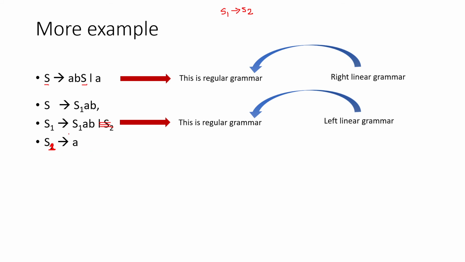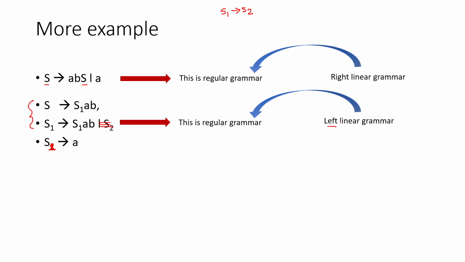And you see in these two, whatever production rule we have, the non-terminal that we have in the LHS is present in the leftmost symbol in the RHS of the production rule. That's why it is called left linear grammar.